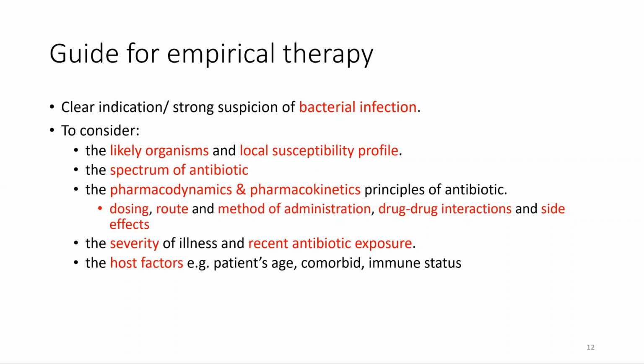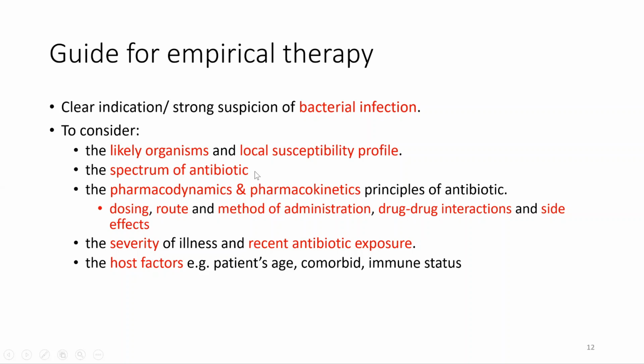For example, you are currently working in a hospital where the prevalence of MRSA is high. So from there, you can decide what kind of antibiotic you want to use for your empirical therapy. Another thing to consider is the spectrum of antibiotic.